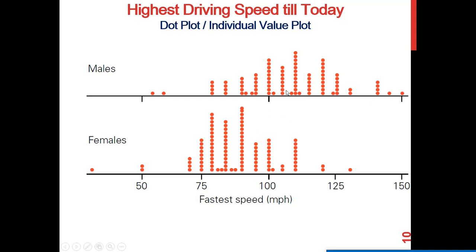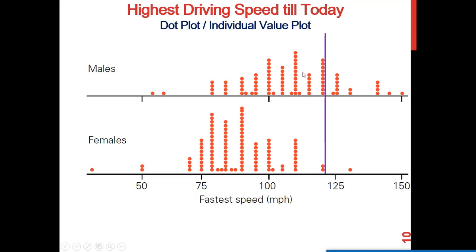Okay, and now in this dot plot you can see that for males the distribution is slightly towards the right compared to females. Okay, in fact if we draw this vertical line at around say 120, then we can see that there is only one female who has driven at a speed beyond that, but there are many males who have driven at speeds beyond 120.